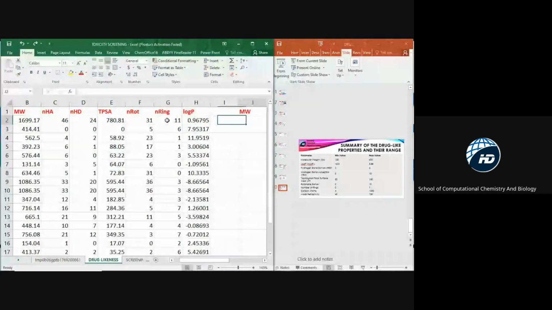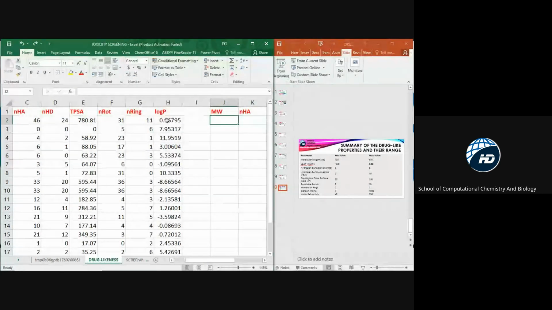So we must bring them to one range, which is 0 and 1. So what we are doing is writing a function that will check the value for molar weight and read if it falls between 150 to 600. Now, this function we are writing with Excel here is also the same way they use in building the software that does this thing for us.